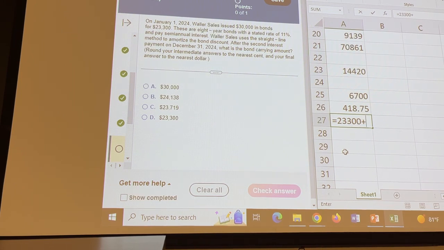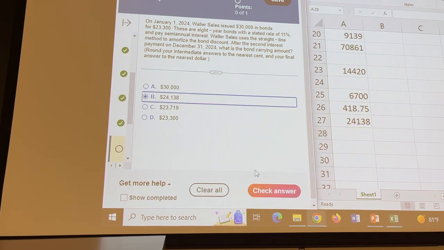So add back $419 for the first amortization of the discount, and then add back another $419 for the second time that we amortize the discount. So it should be $24,138 as the carrying value of the bonds after 2 interest payment periods.